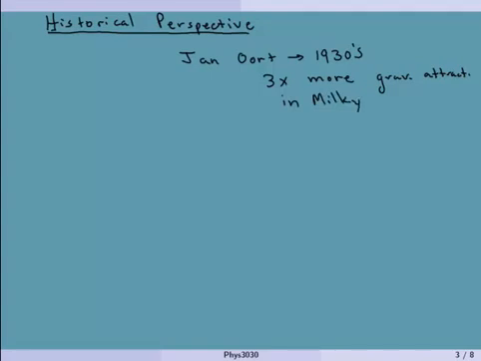In the 1930s, a Dutch astronomer named Jan Oort observed that there was 3 times more gravitational attraction in the Milky Way, so this is a local effect, than predicted by Newtonian gravity.